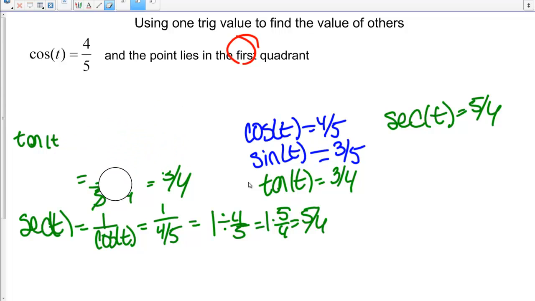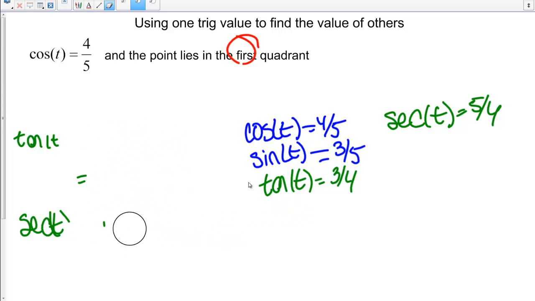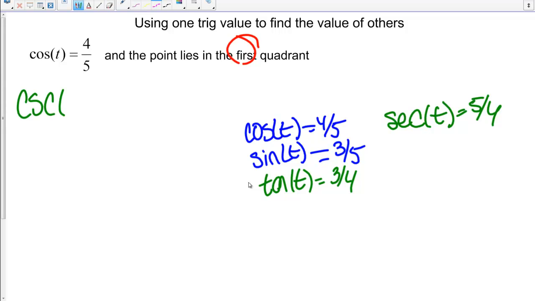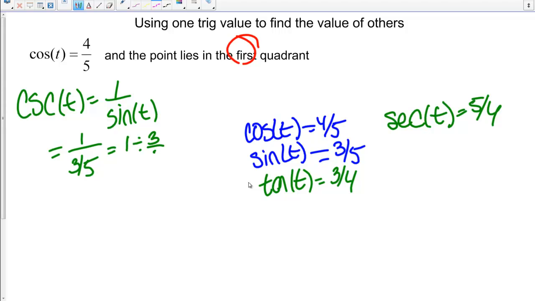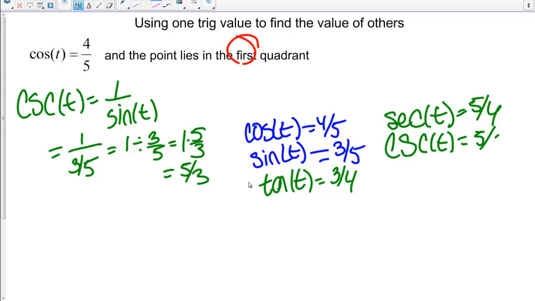And now cosecant is 1 over the sine of that angle. So we get 1 over 3/5, which is 1 divided by 3 over 5. 1 times 5 over 3, so we get 5/3. So the cosecant of t is 5/3.